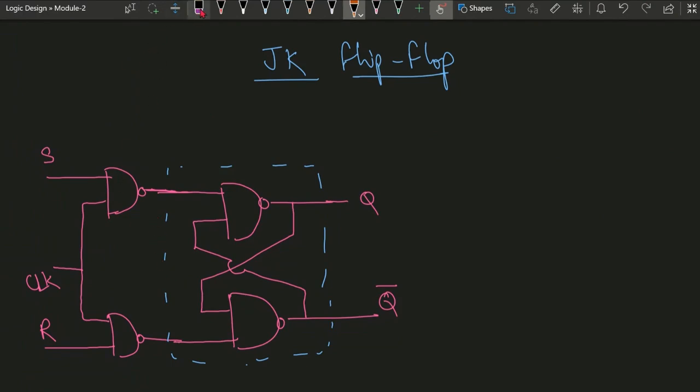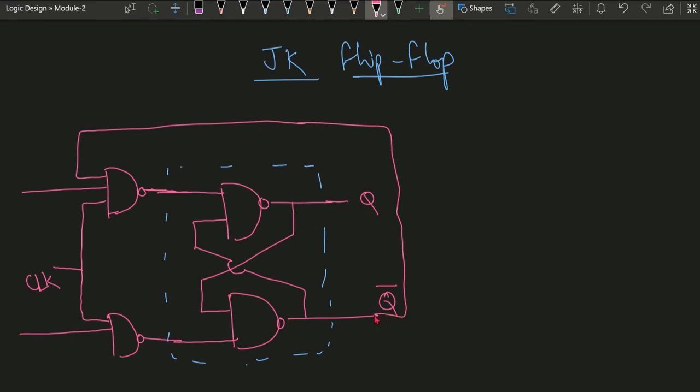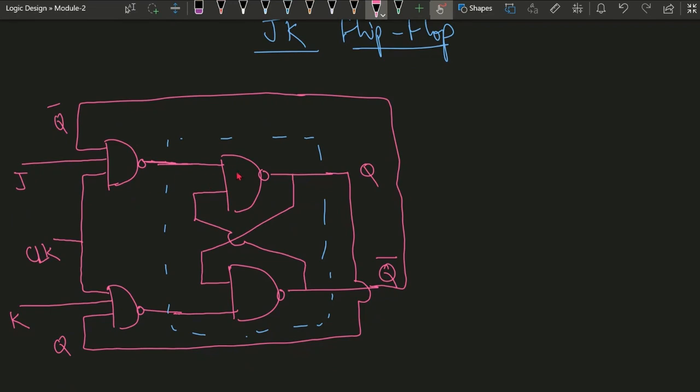In the SR flip flop itself, if we include one more input here, this Q bar, and here in feedback we include the Q, then this now becomes J, this becomes K. So the same circuit with a little modification gives us the JK flip flop.